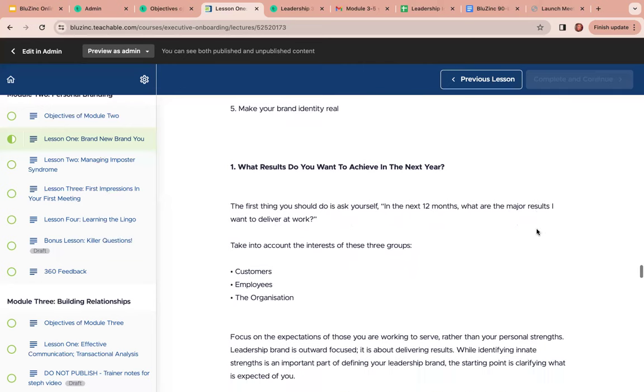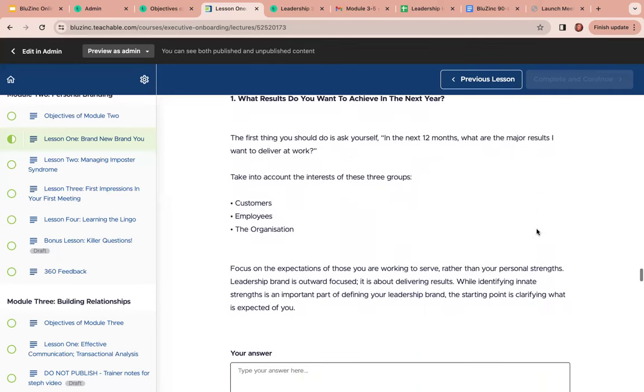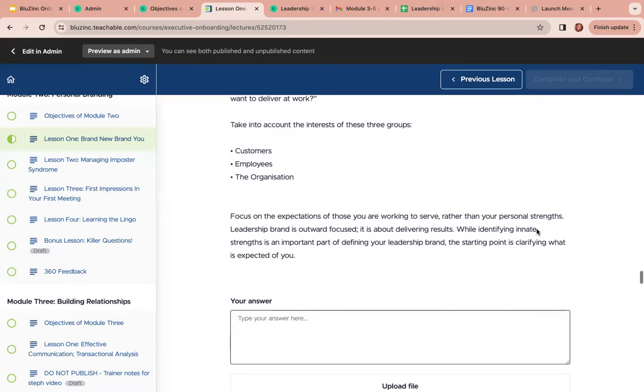So what we need to look at first of all is, what results do you want to achieve in the next year? I think it's always a good idea to take into account these 3 groups: your customers, your employees, and the wider organization. And focus on the expectation of those you are working to serve rather than your personal strengths. So leadership brand is always focused outwards. It's about delivering results.